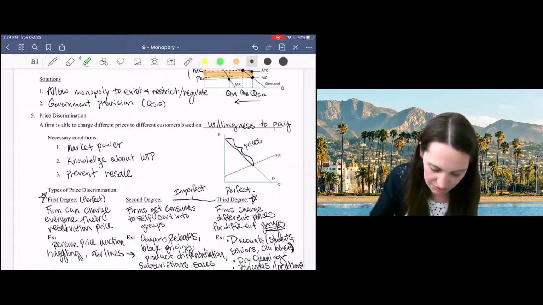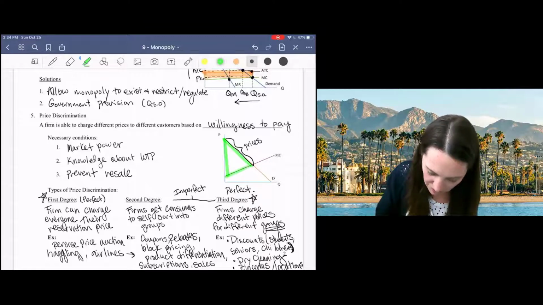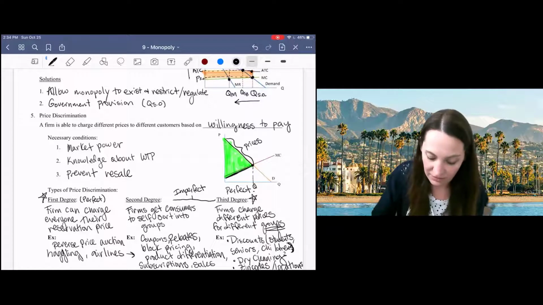So now if we think about what producer surplus looks like, it's the area between the price and the marginal cost curve, which is the entire triangle here, and the firm will sell as long as that price is higher than marginal cost, because that is always going to give us the highest profit, right?